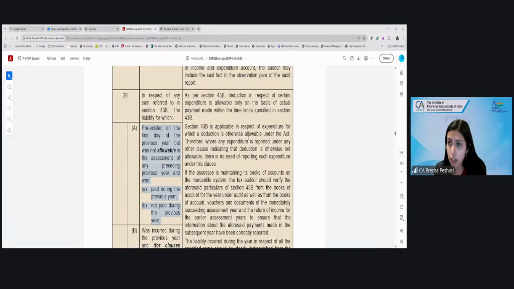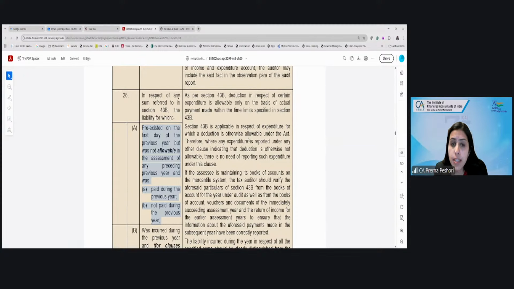These are certain deductions which are allowed on the payment basis. Not by the due date of the fund, but by the due date of the return of income. If you pay before the due date of return of income, only then these deductions are allowed to you.